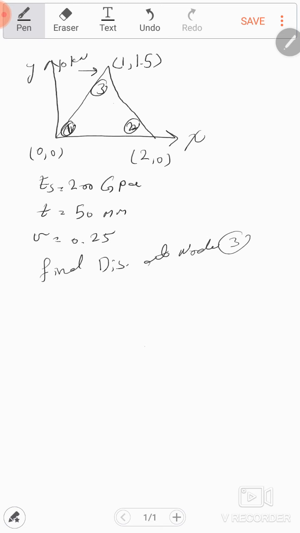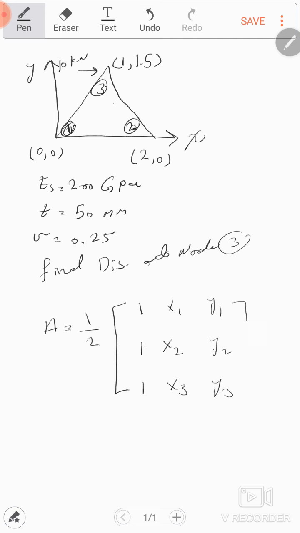So we will follow this rule: A equals half the determinant of the matrix with rows 1 1 1, x1, x2, x3, y1, y2 and y3.